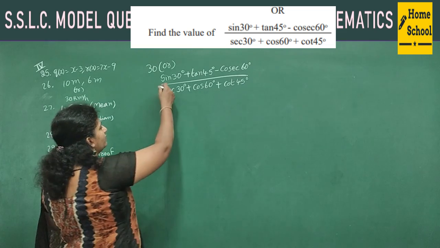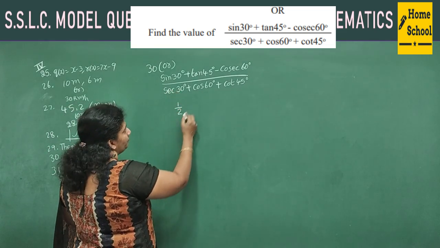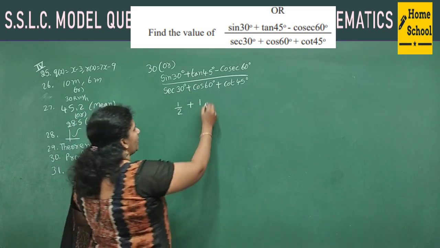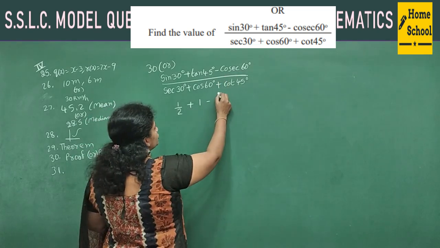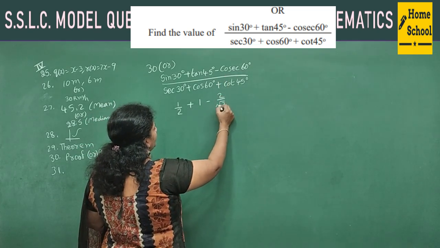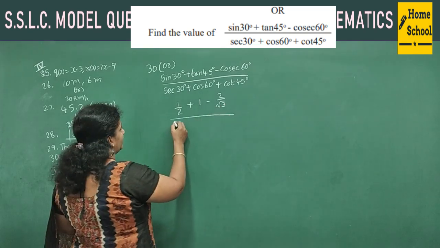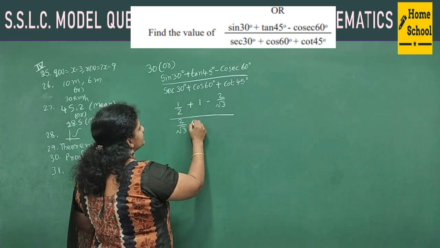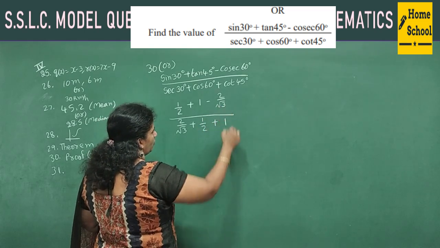So now let's find the sin 30 value is 1 by 2 plus tan 45 value is 1 minus cosecant 60 degree, that is 2 by root 3, whole divided by secant 30 degree 2 by root 3 plus cos 60, it is 1 by 2, plus cot 45, 1.